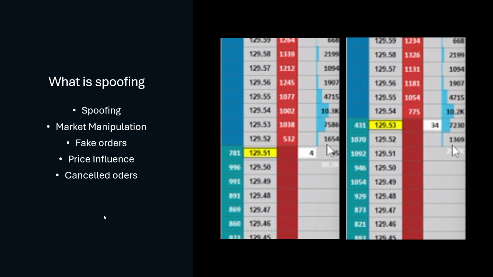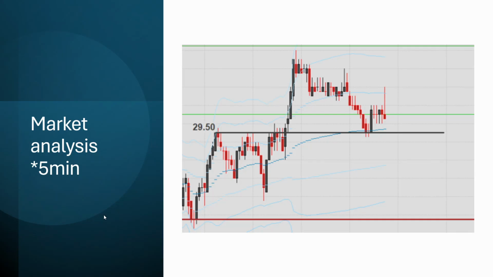So now we are going to be going through a quick market analysis and then a small video where you can see the spoofing. So this is the 5-minute chart, and today we are going to be looking at the 2950s. So this is our key zone.